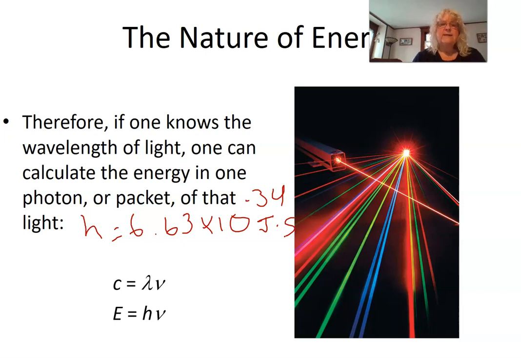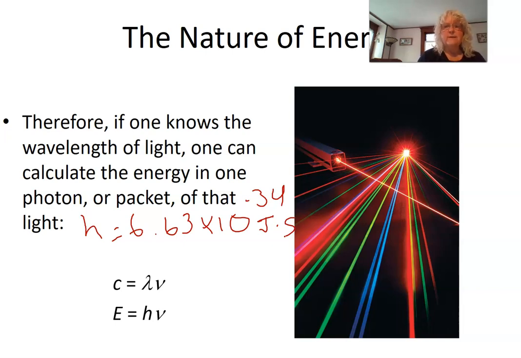So the idea here is that light behaves like a small packet. Instead of behaving like a wave, we're thinking of it as behaving like a particle. And that packet is capable of interacting with matter at the molecular level. So essentially, if I want to kick an electron off the surface of a metal, I need one of these little packets, which we refer to as photons.